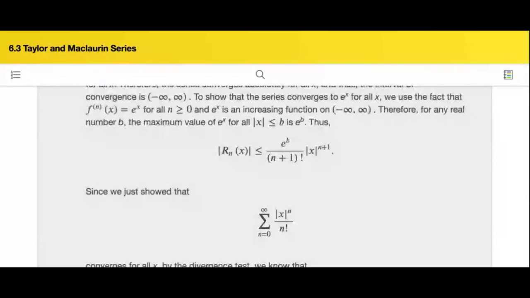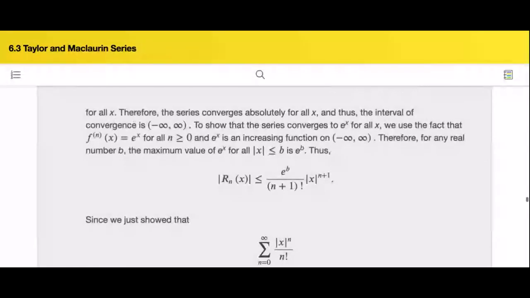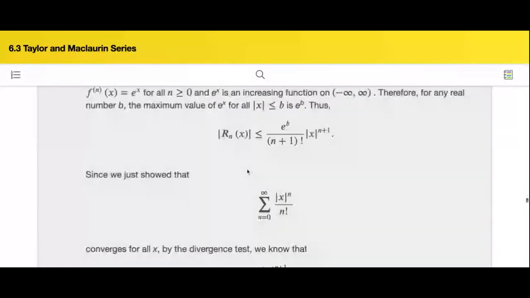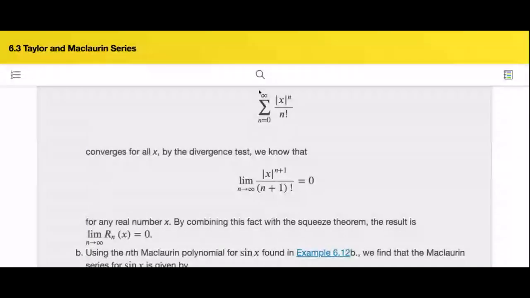So now we can put these bounds on the remainder. So Rn of x is just the n plus 1's term in the series. We simplify a little bit, so we get the absolute value of x raised to n divided by n factorial. That's from the top, right? We just showed from here that it converges for all x, but by the divergence test we know, so we conclude, right?